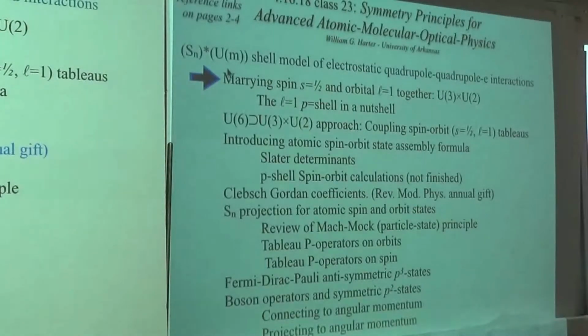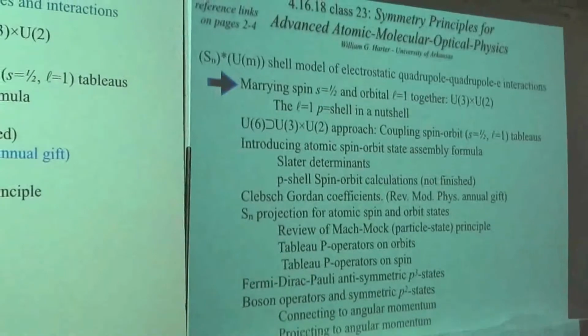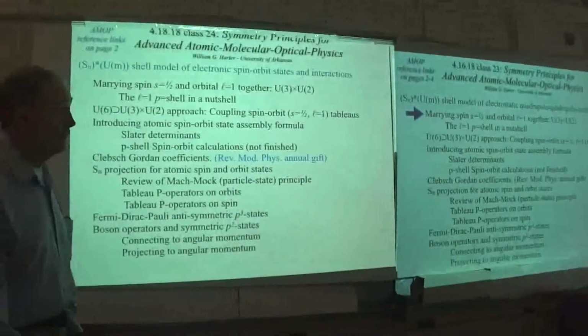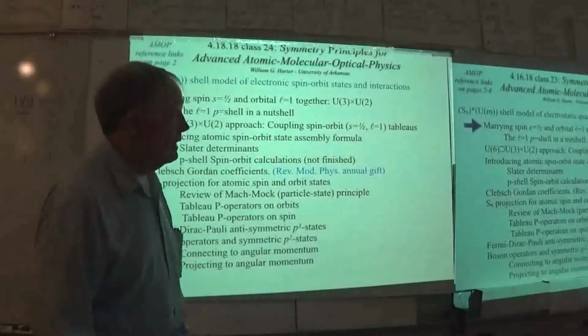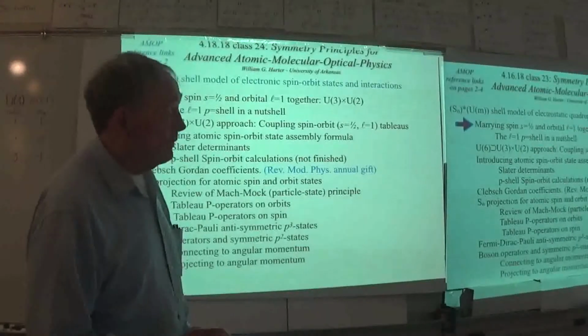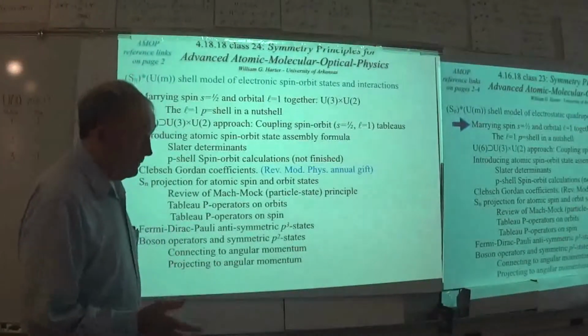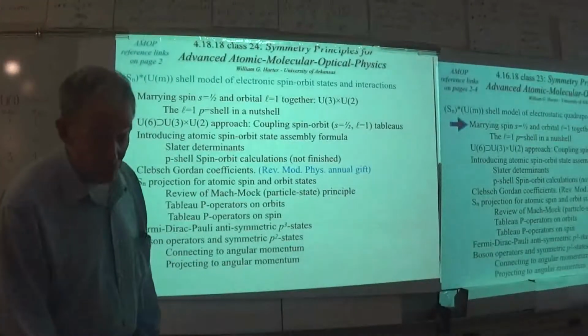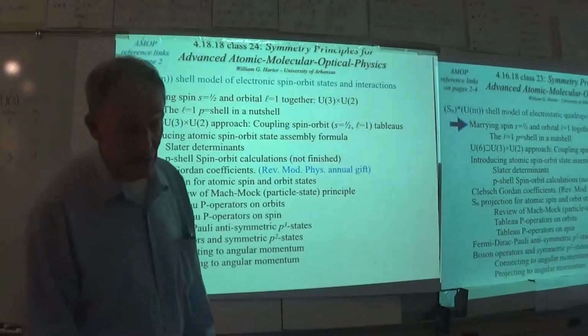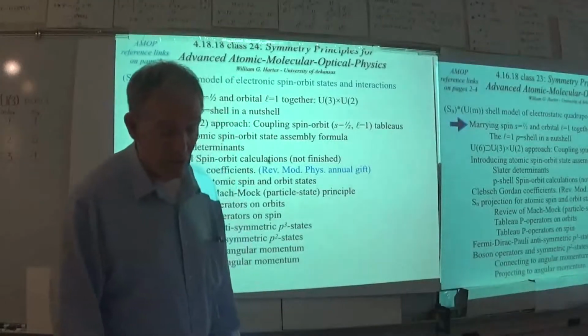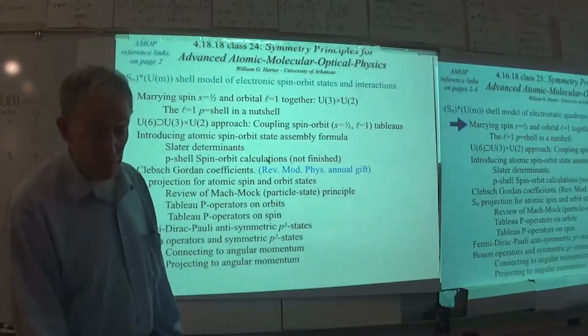So today, as I say, marrying spin, particularly spin 1/2, that's the spin of an electron. We're still talking about atomic physics here, and the orbital motion, which will become rotational motion, and nuclear spin as we get back to molecules in a couple of classes.